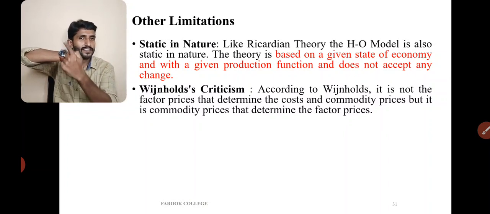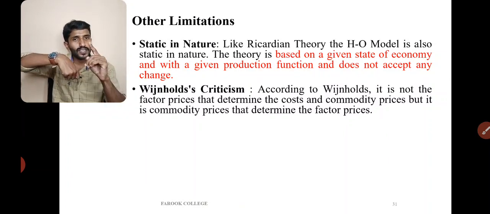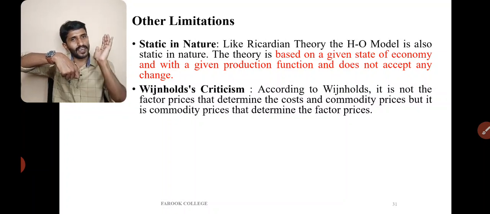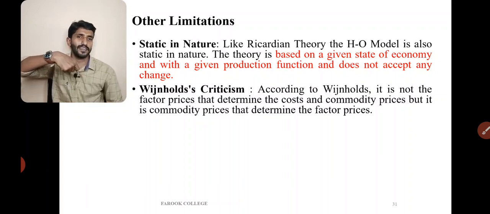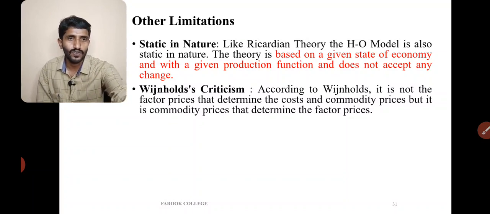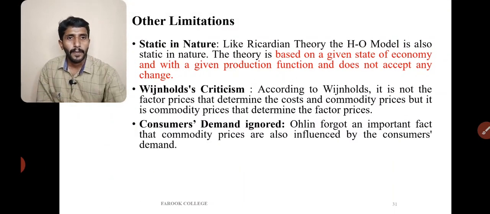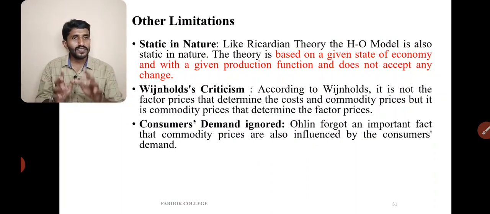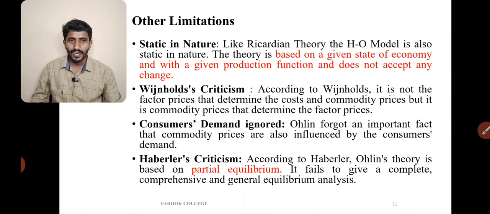If the watch price is high, labor's wages also will be high. But in HO theory, if the wages are high, then the watch price also will be high. So there is a reverse connection according to Wijnholds. Then here the consumer's demand is ignored, and consumer's demand is not at all considered in determining the price of the commodities. Then there is Haberler's criticism.